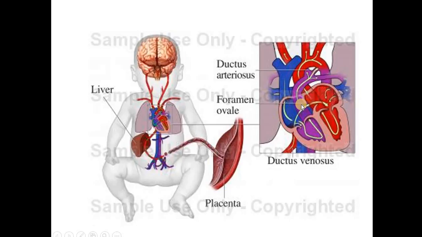You can see the foramen ovale going from the right atrium to the left atrium, from right to left, and the ductus venosus from the umbilical vein to the inferior vena cava. So those are the shunts that you can see, and all of these help bypass that liver and the lungs.